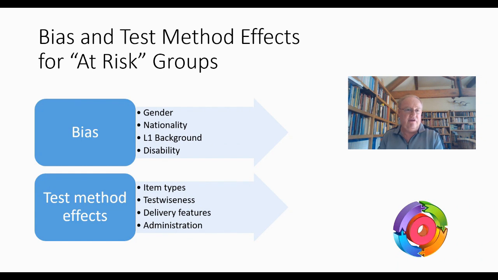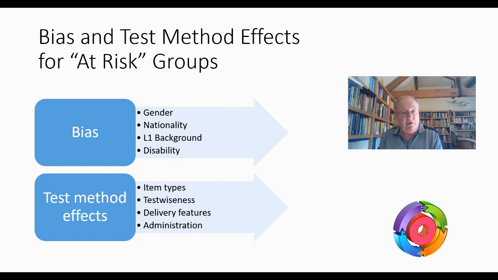So we could, for example, designate a subgroup of interest as, I'll take the disability example from bias, people who have visual impairment. And we may look at the design of the items, the font sizes and so on, and the colour schemes to see whether or not there is anything in there that is likely to disadvantage that particular group of people. So this is bias, okay?